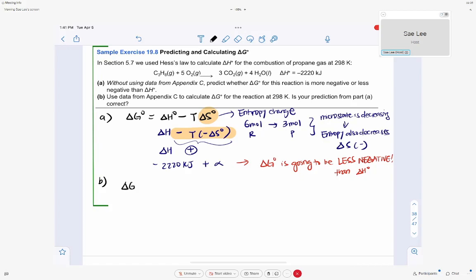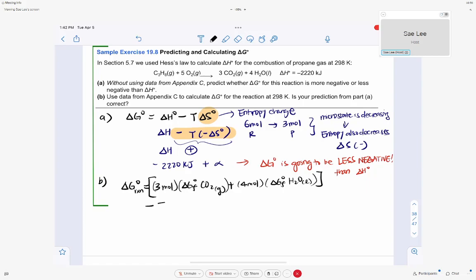The change in Gibbs energy of the reaction equals 3 mole times delta G naught of the carbon dioxide gas plus 4 mole of the delta G naught of the water in liquid form. This is the product.